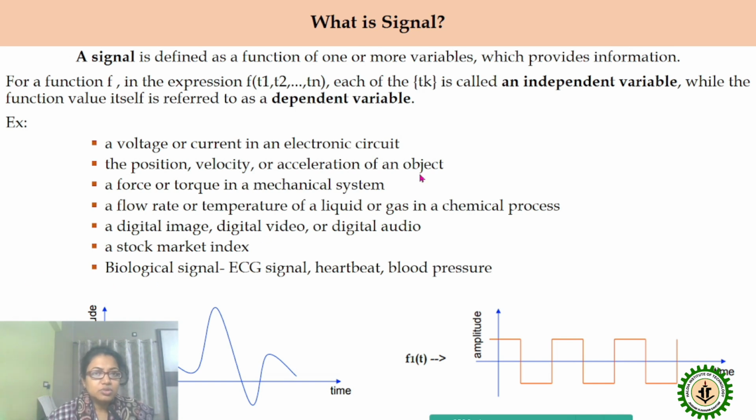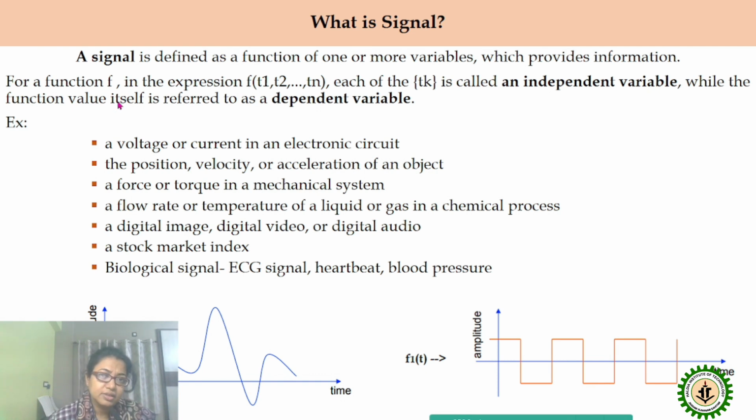Some examples are shown, like a voltage or a current in an electronic circuit. In an electronic circuit, we often measure current using an ammeter and voltage using a voltmeter. And what about the data we are collecting? If we consider it for a considerable time, it becomes a signal.